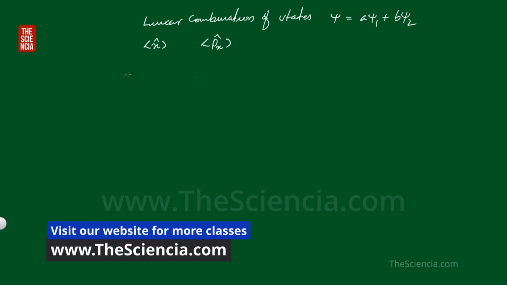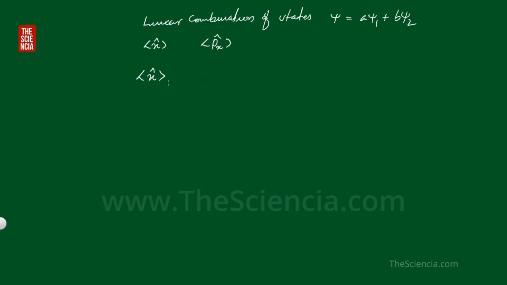Here we are discussing linear combination of states. And we found the expectation value of x and the expectation value of Px for a linear combination of states, that is psi is equal to a psi 1 plus b psi 2. Okay, now in the next step I am going to find the expectation value of x at time t and the expectation value of Px at time t.